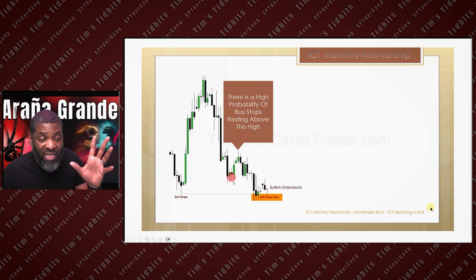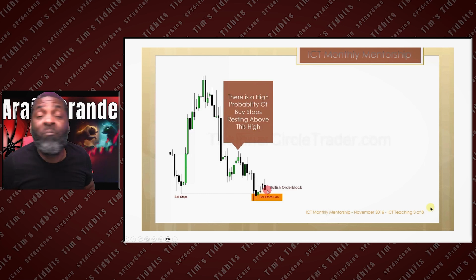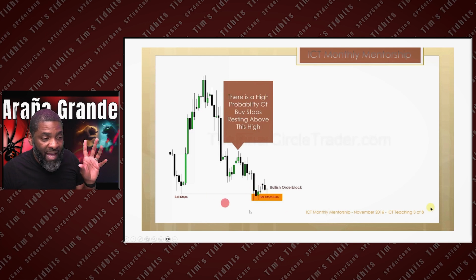These are all signs pointing that institutional sponsorship may be getting ready to rear its beautiful head. So we got a run on sell stops. We got a bullish order block created when we traded up above that down close candle after hitting an anticipatory reactionary point.